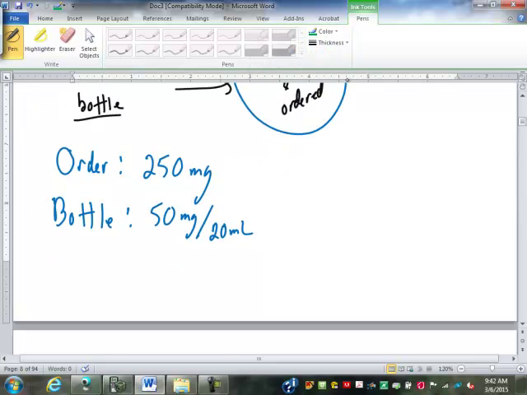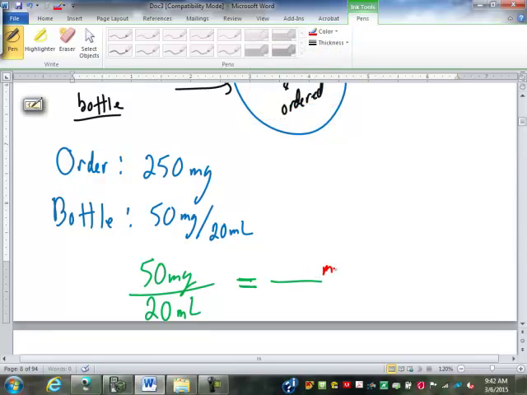So I'm going to take the label on the bottle, 50 milligrams in 20 milliliters, and I'm going to set it up as a ratio. So being a proportion, we're going to set up, and this is not a ratio, it's a rate because the units aren't the same. Being a proportion, we're going to set it up with another rate on the other side that has to be equal to it.